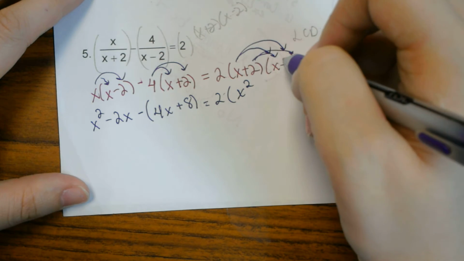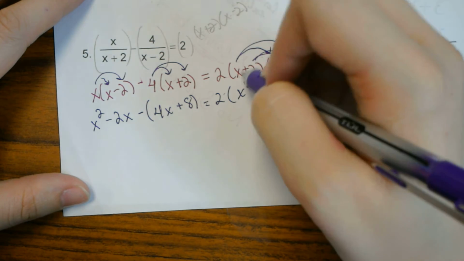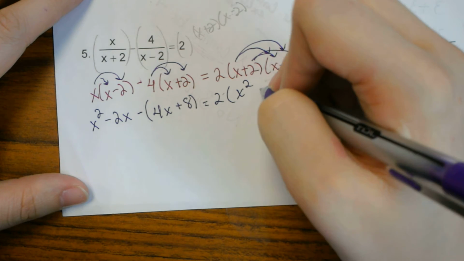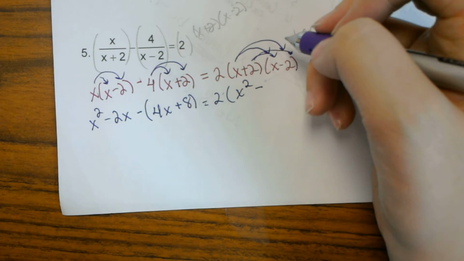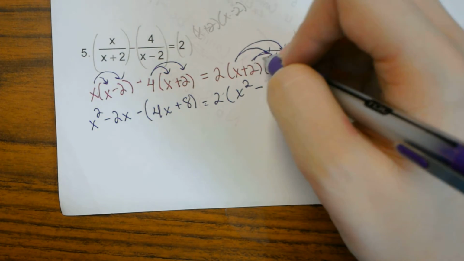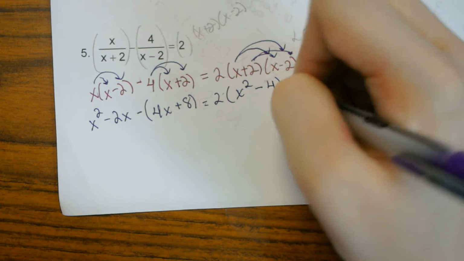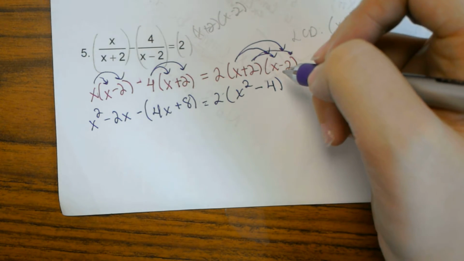X squared, I'd have a plus 2x, a minus 2x, so I would not have any x's left over. They would add to 0. Then positive 2 and negative 2 multiply to be negative 4.